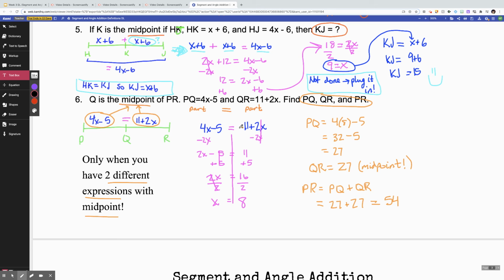So I went ahead, this isn't part plus part equals whole, this is part equals part. Okay, so I have 4x minus 5 equals 11 plus 2x. And I went through and I solved that. I did some algebra.